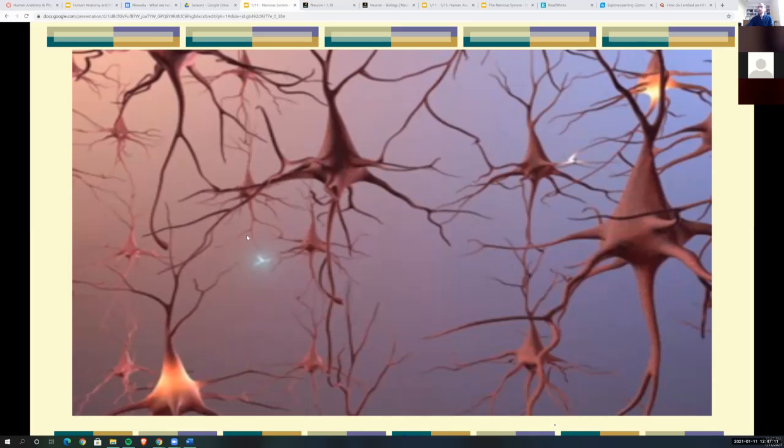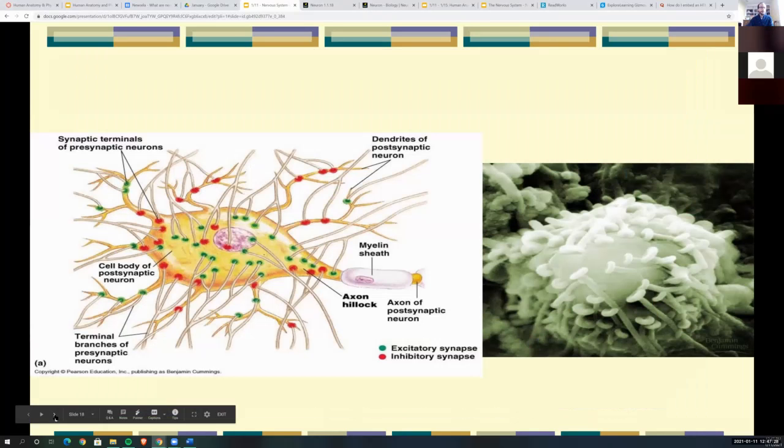And there's lots of ways that these dendrites can be stimulated. Maybe this one will stimulate this one and send the electrical signal in that direction. Maybe this one will stimulate that one. There's this whole web of connections that makes up our brain, and it's a very complex web of connections. And that is a good place to stop.